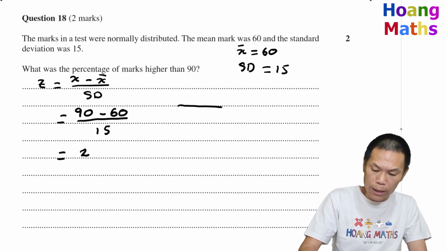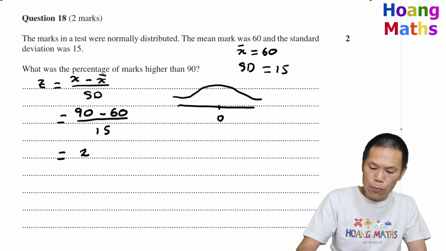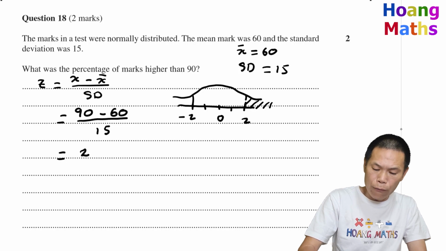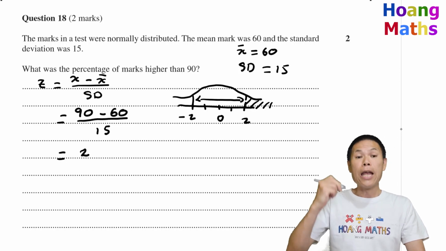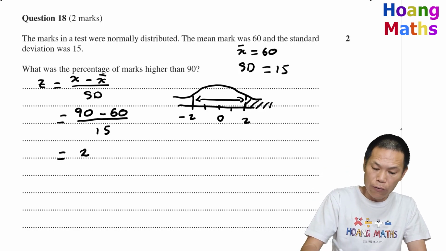And we have the graph like this. So this is 0, 1, -1, -2, 2. And then we want to be greater than this. We know that from here to here is 95% because it is within 2 standard deviations from the mean.